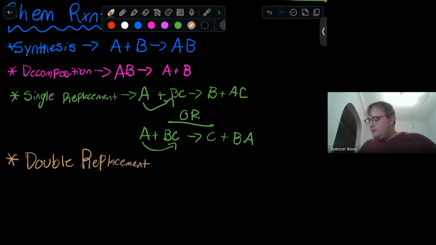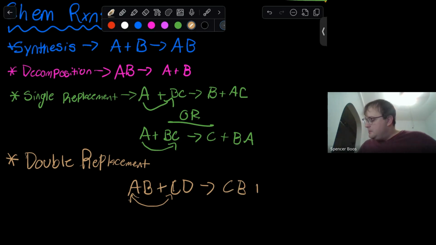Double replacement, AB plus CD yields, where it's essentially this A and C switching places, where we've got CB plus AD. Right, so 2 things getting replaced. B and D can also switch places as well, and we'd end up with the same result.